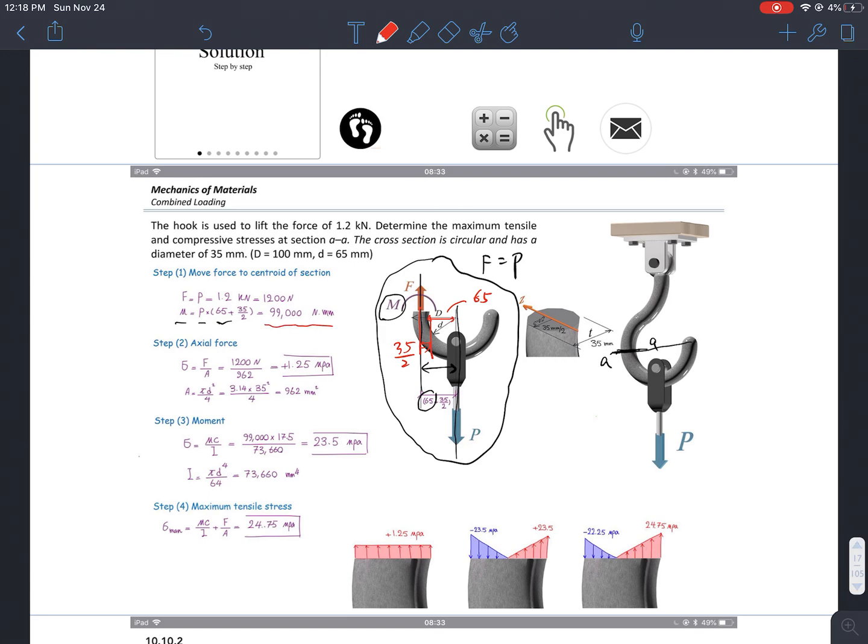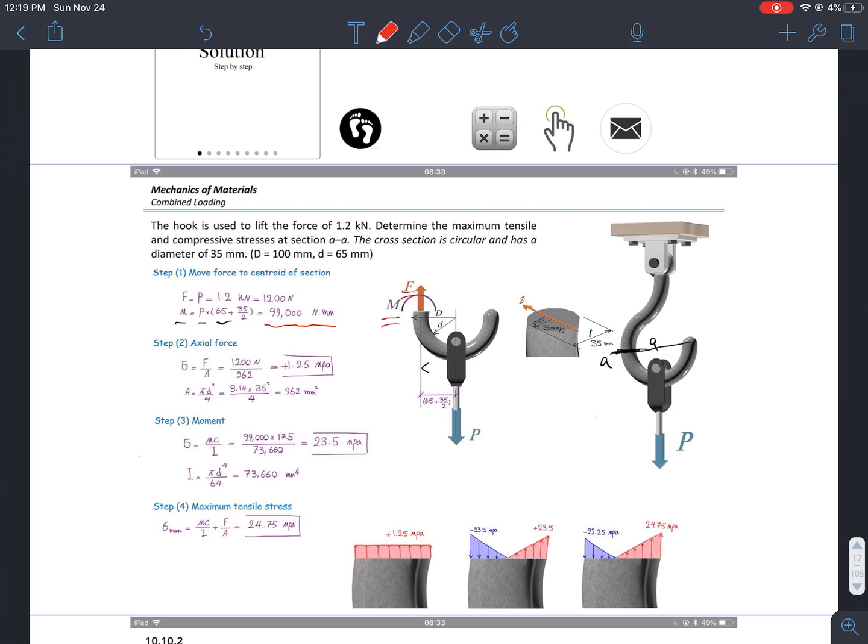That gives me the moment acted on the cross section here. Now once I have axial force F, I also have a bending moment M. I can solve for the combined stresses on this section here.